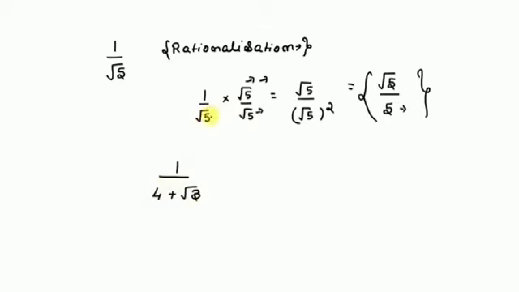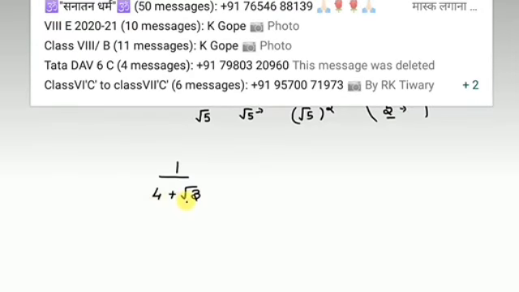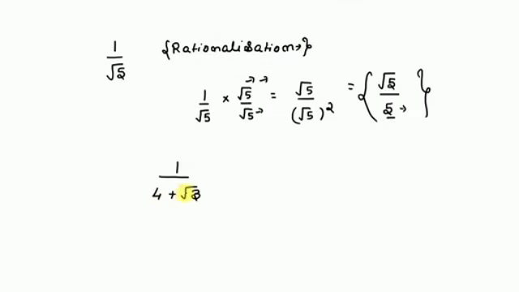For that, we will use an identity. The identity is a plus b into a minus b is equal to a square minus b square. You have learned this in class 8. This identity will be used. Clear? Let us see.